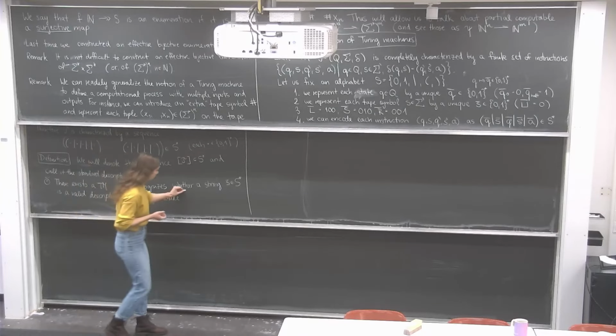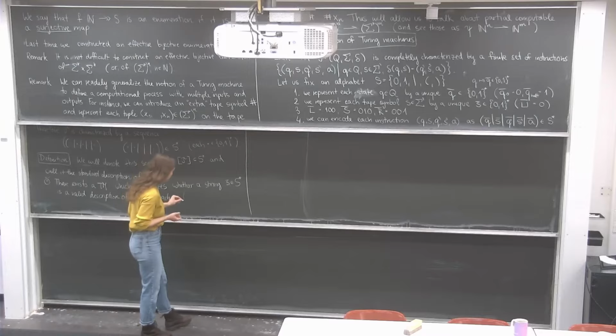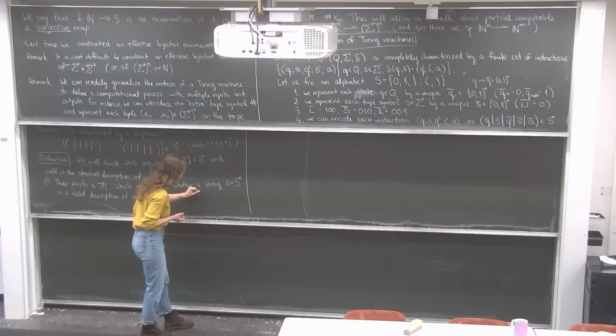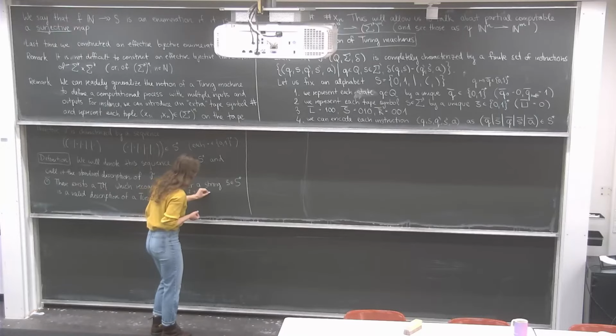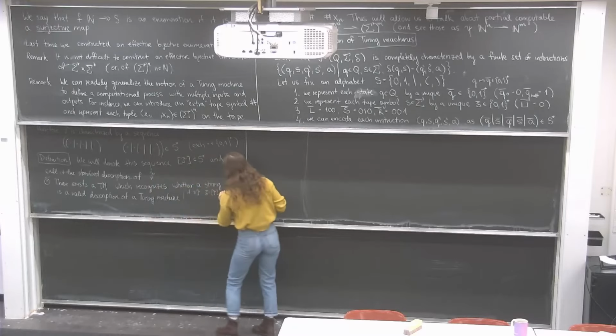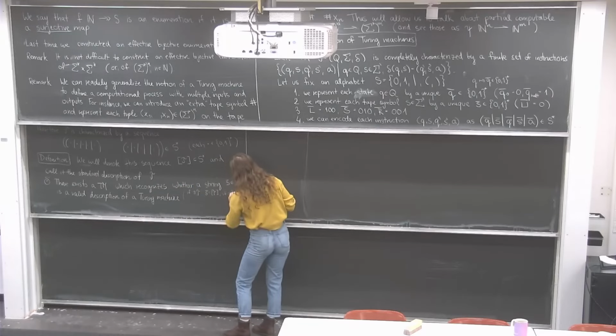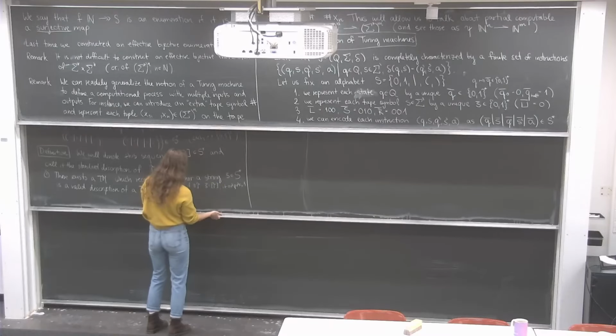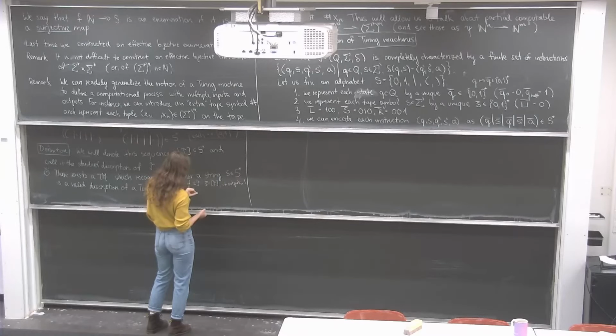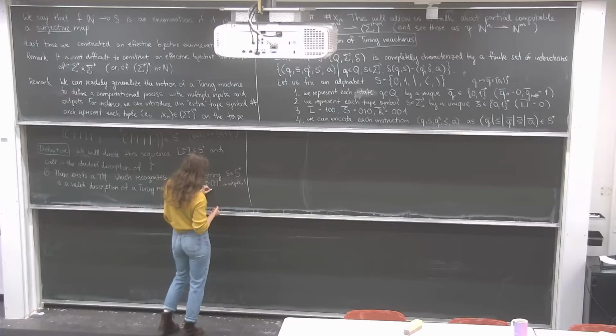So what this means is that if there exists some Turing machine T such that S bar is the description of T, then it outputs 1, for instance. And otherwise, it outputs 0.